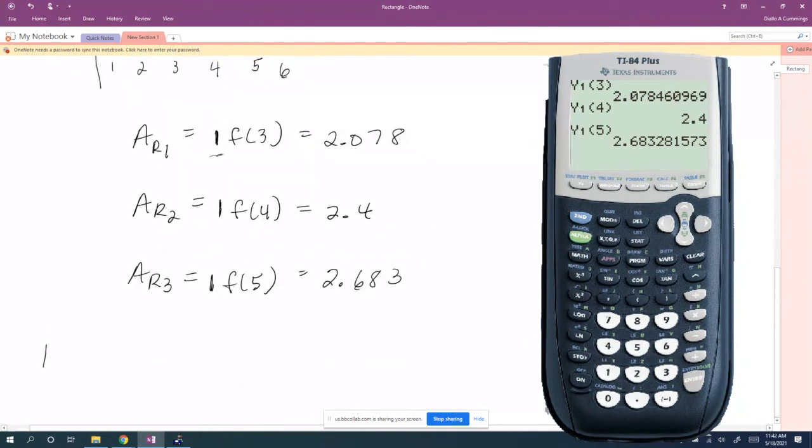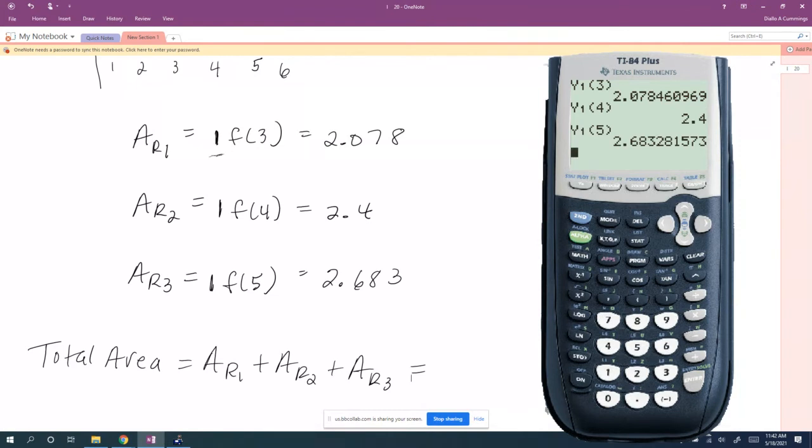Now, in order to find the total area under the curve, it's basically the area of rectangle 1 plus the area of rectangle 2 plus the area of rectangle 3. And if we were to add those all up together, I'm just going to let the calculator do it.